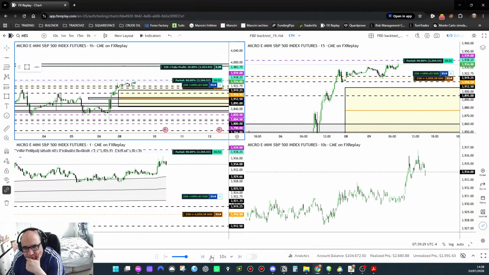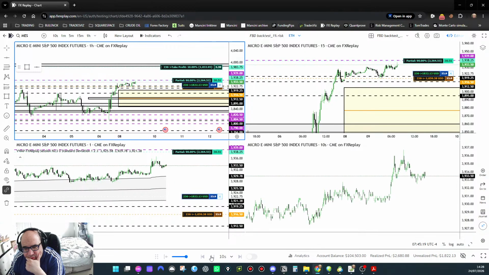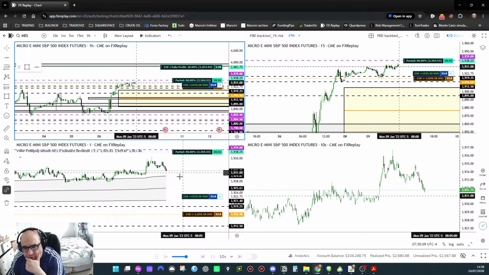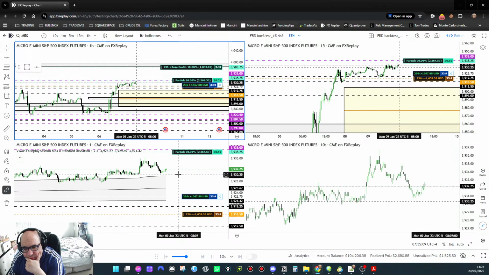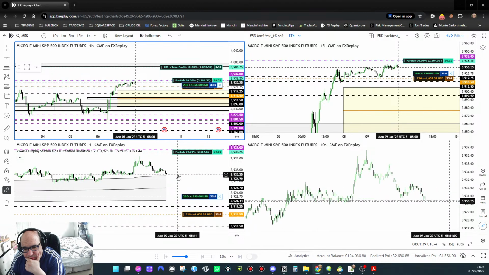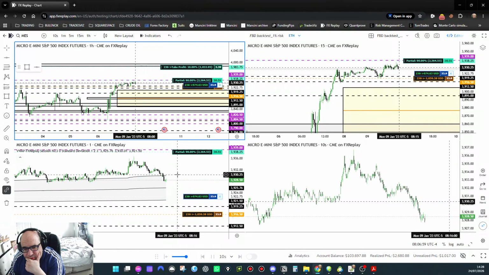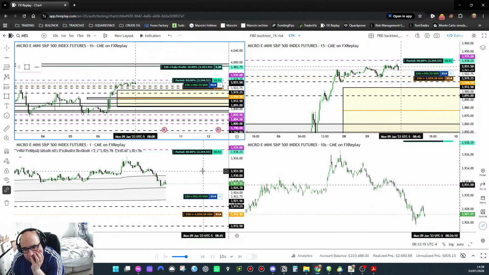You can see we're getting there. That's 2.2, almost 2.3%. Let's see.